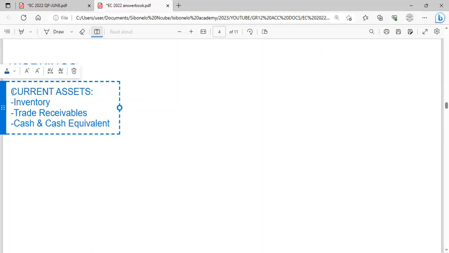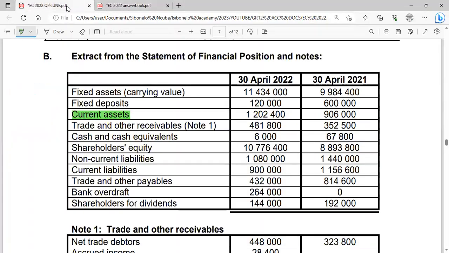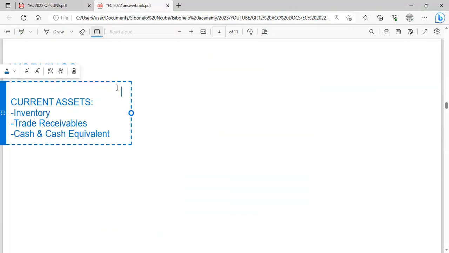Okay, so we're going to do the comparative figures. We've got the 2022 and 2021 financial years, 2022 and 2021 this side.